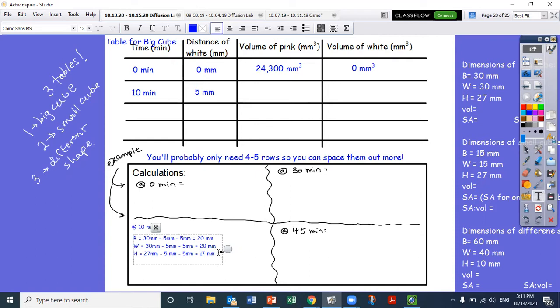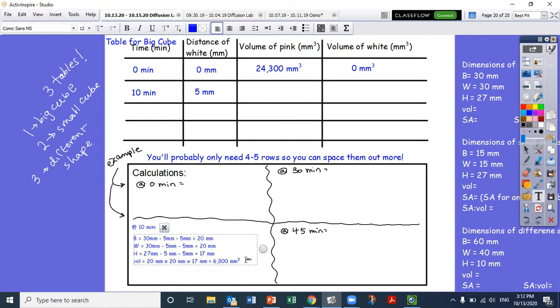So our volume is going to be 20 millimeters times 20 millimeters times 17 millimeters, which equals 6,800 millimeters cubed now. And before, the pink used to be a lot bigger, right?